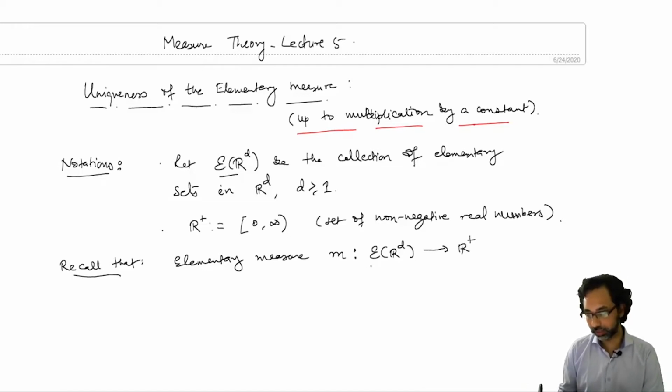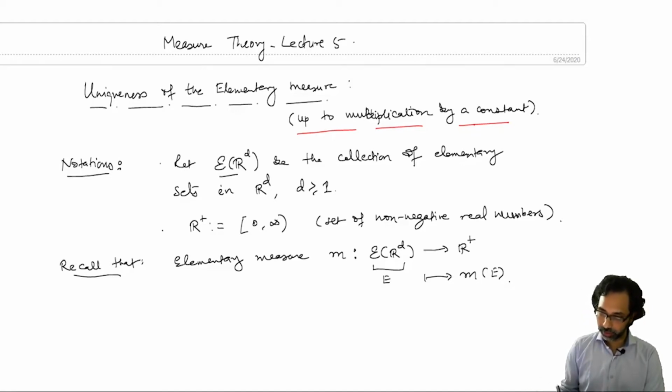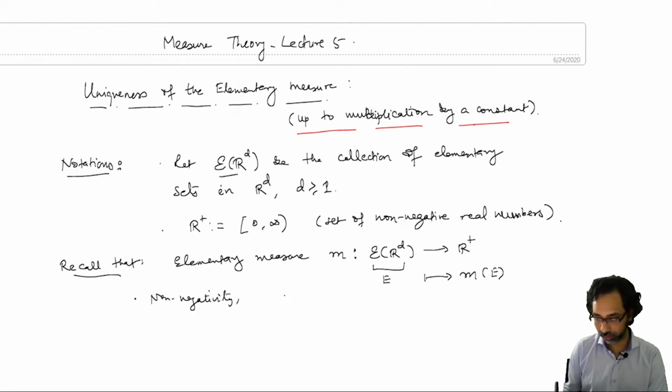So it takes as input an elementary set E, and it gives you the value m(E), which is a non-negative real number. Now this elementary measure satisfies non-negativity, finite additivity, and translation invariance.